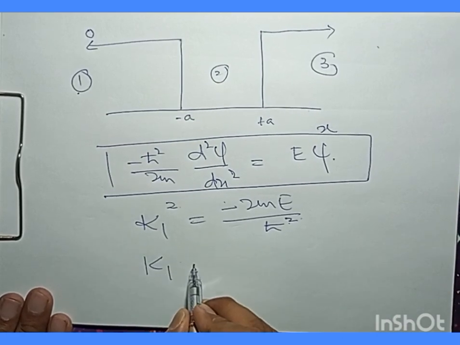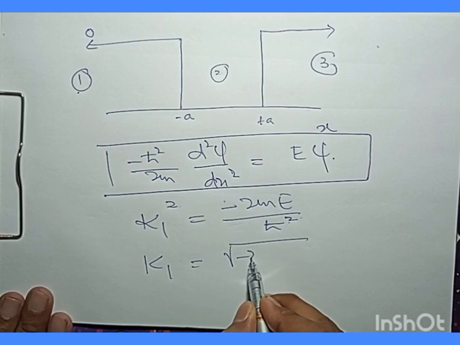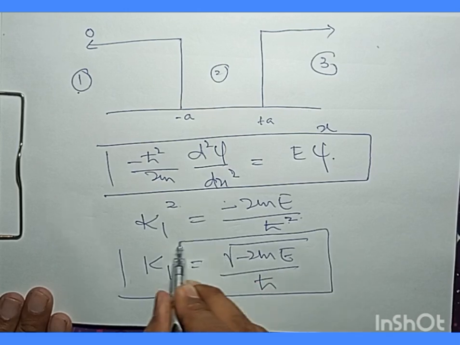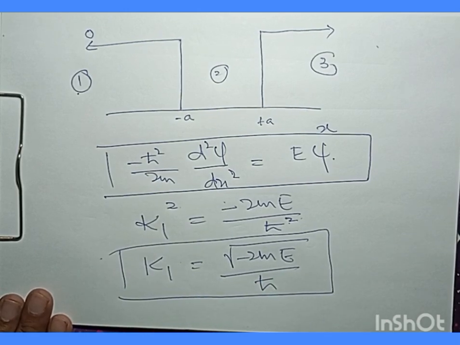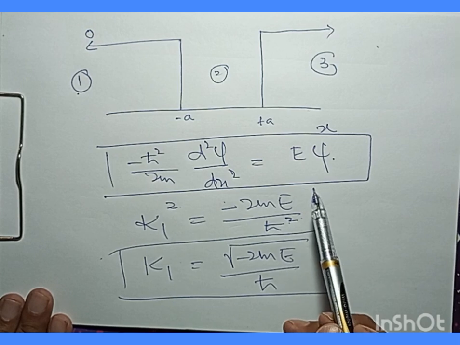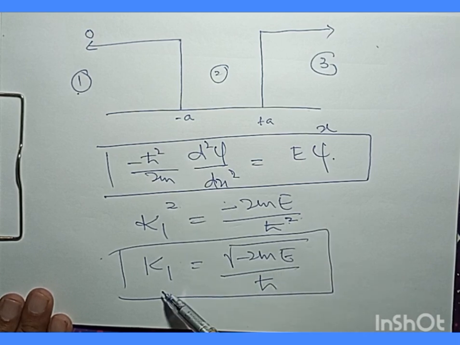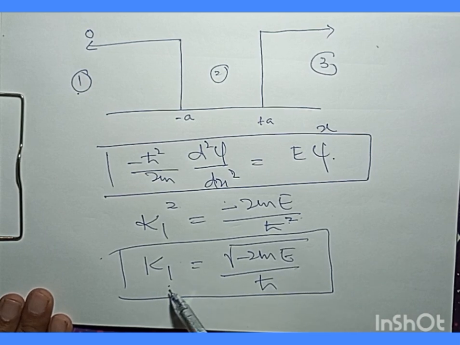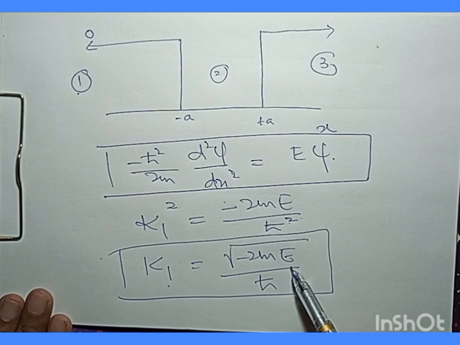So K1 is the square root of minus 2mE by h cross square. Now, in order to make this K1 a real number, it is important for E to be less than 0. So E has to be negative. If E is negative, this K1 is a real number.